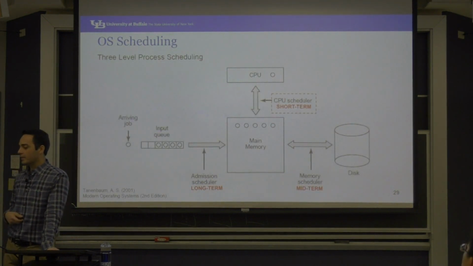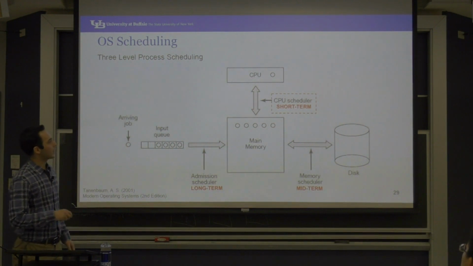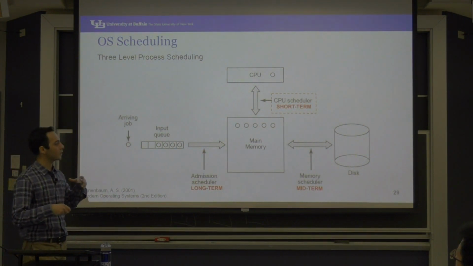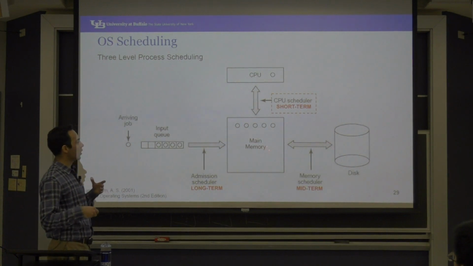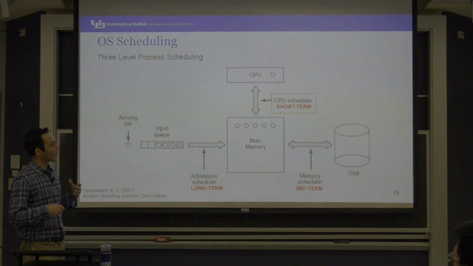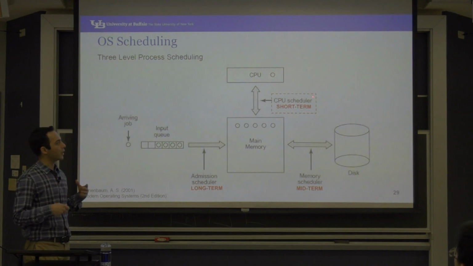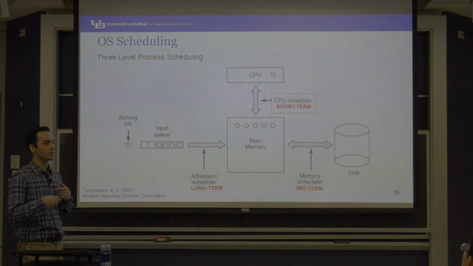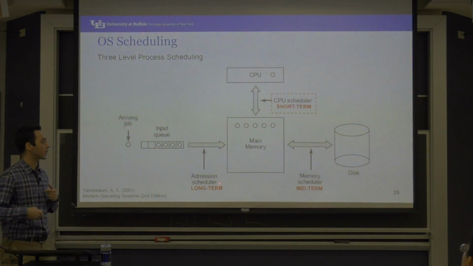And then we have a different aspect of scheduling. This is not necessarily process scheduling, but we have different types of scheduling. When you have many processes running in the main memory, you have the CPU scheduler, which is the short term, quickly scheduling back and forth between processes. We have a long-term scheduler.